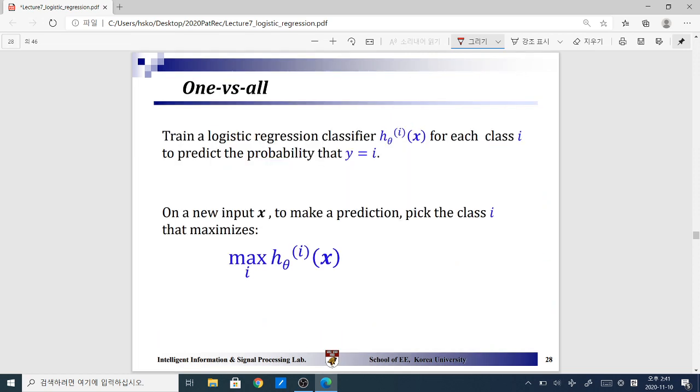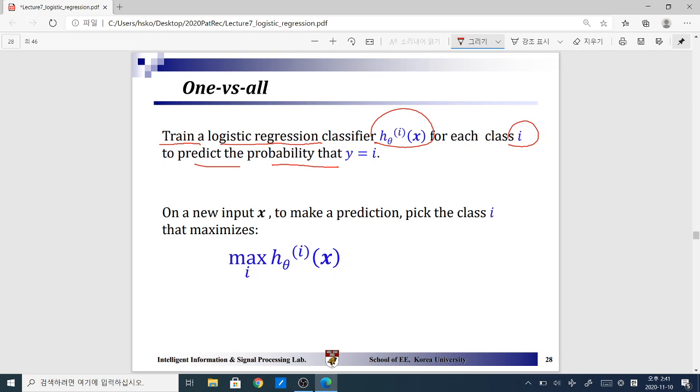So just to summarize what we have said: we train a logistic regression classifier so that we obtain this hypothesis function for each class i, so that we can predict the probability that y is equal to i. And so with that, for the case of a 3-class system, we have 3 possible cases, right?